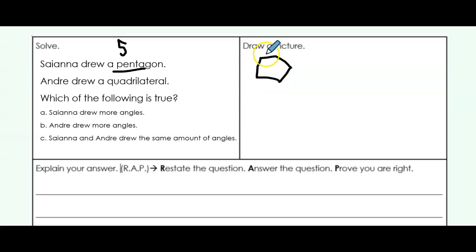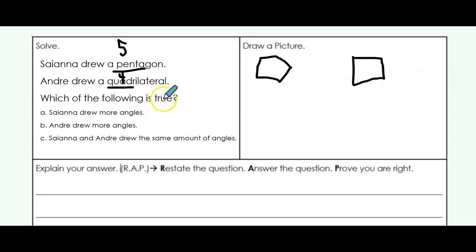Here's my pentagon. Then Andre drew a quadrilateral. Remember, quad means 4. So next to that, I'm going to draw a figure with 1, 2, 3, 4 straight sides. That's about as straight as I could get it, boys and girls.